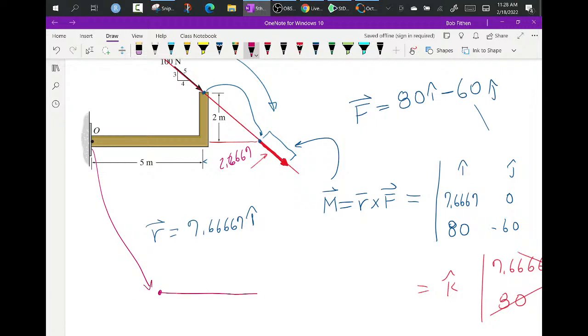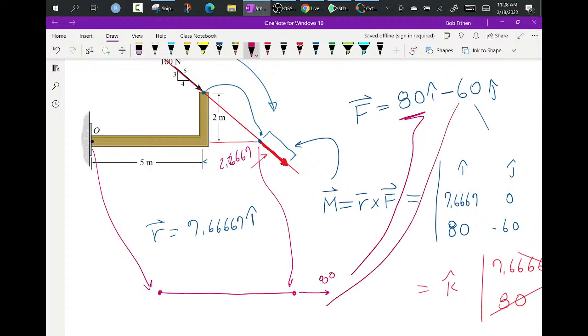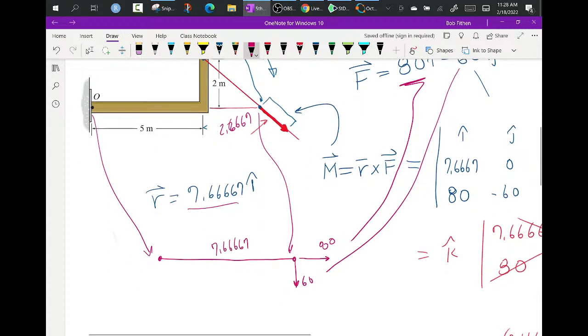We have a line straight out to the right. This is this point right here. I have a force that is going 80 to the right, and it's going 60 down. This is a total distance of 7.6667.